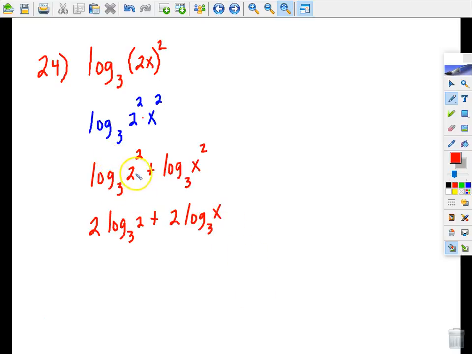Okay, so I know you're tempted here to say log base 3 of 4, but the goal here is to basically practice these properties, put them into practice, and so you want to treat these exponents as you're expanding as factors. All right, so that should be your answer for number 24.